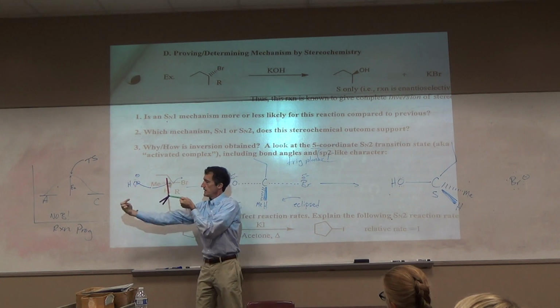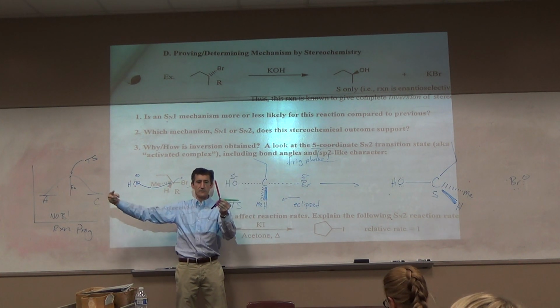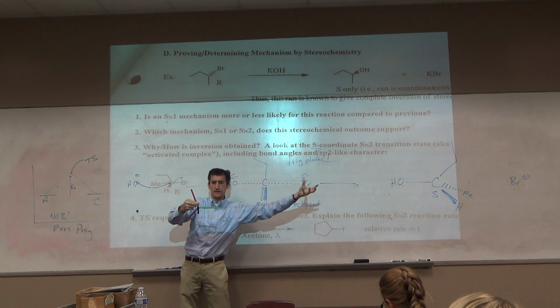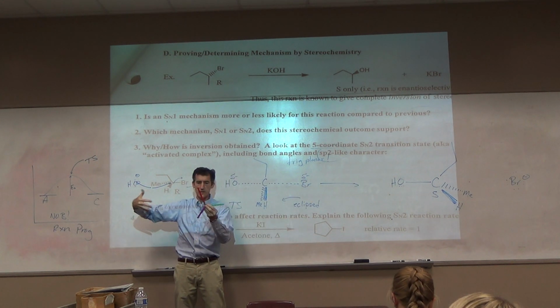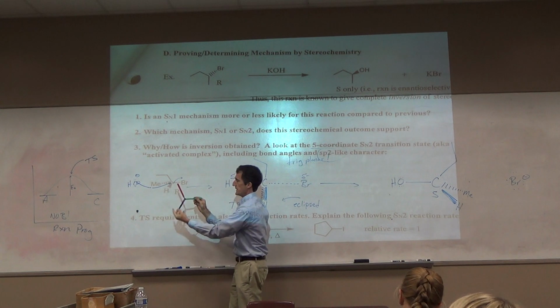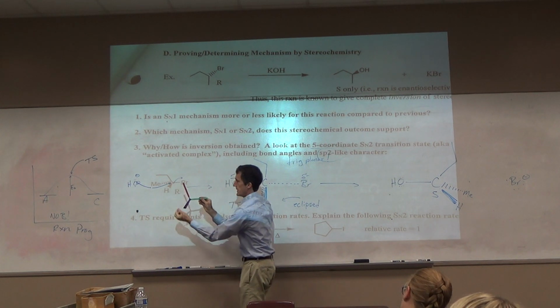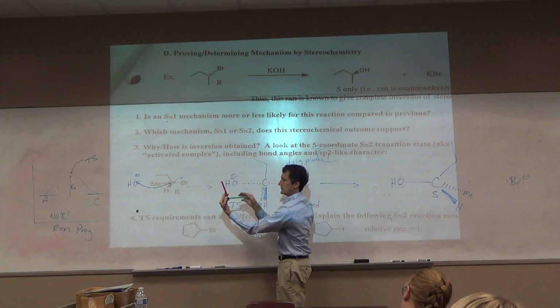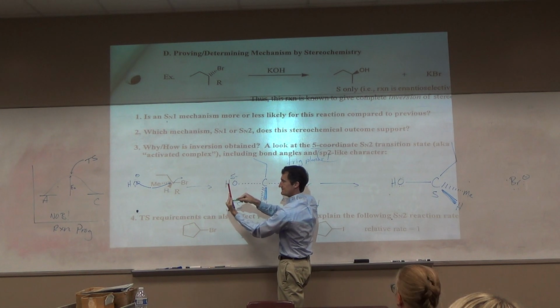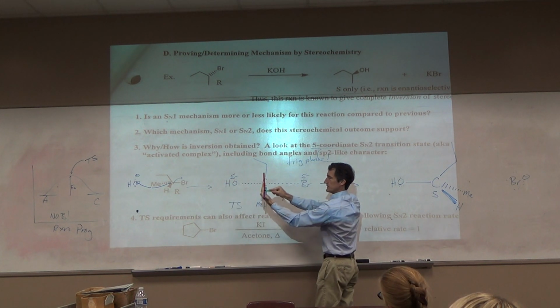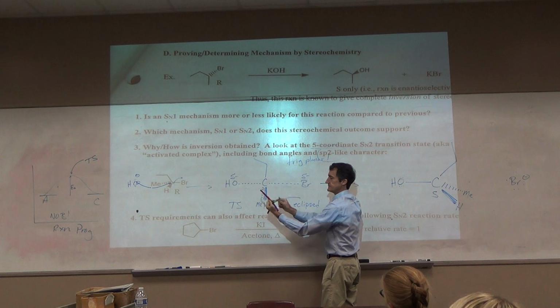What happens is, the hydroxide comes in backside, and it's going to kick this off. But backside is straight from over there, the plane. When it comes in, it pushes these 3 groups. I'm going to break my model here. It makes them go straight, planar.